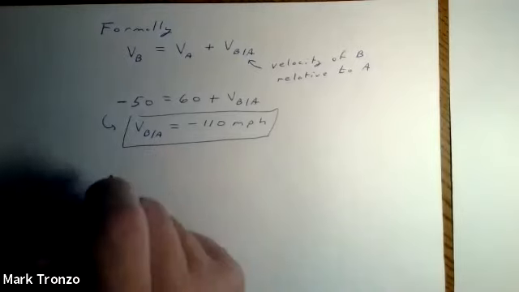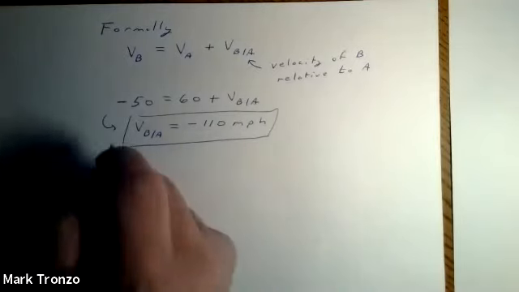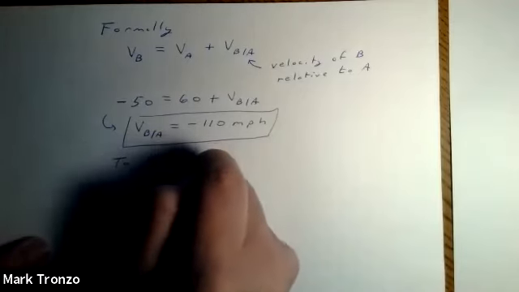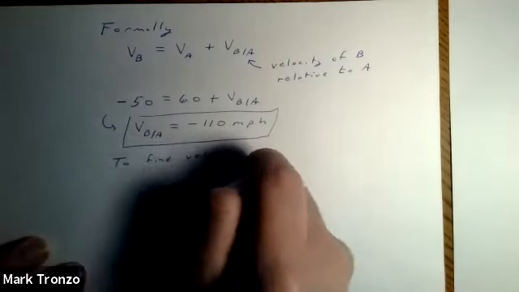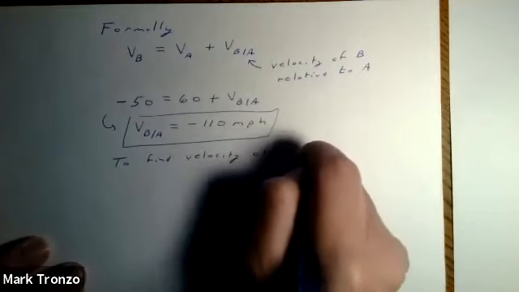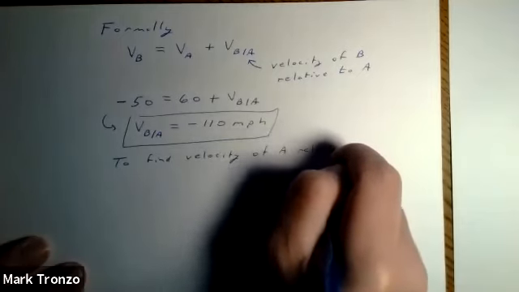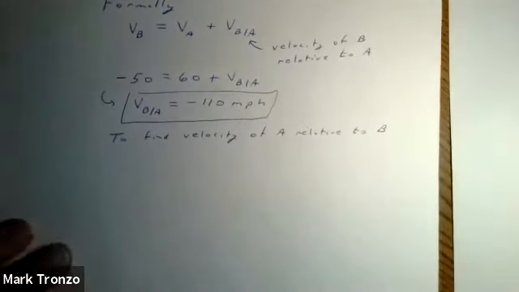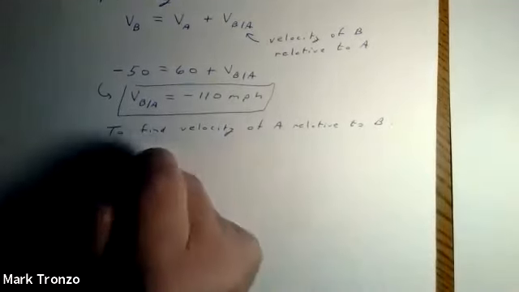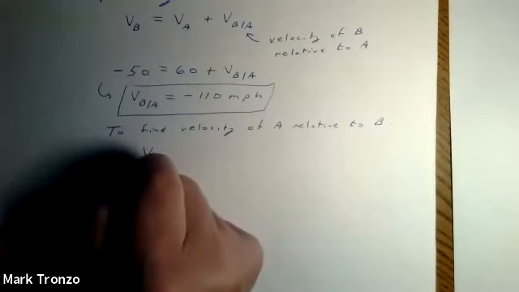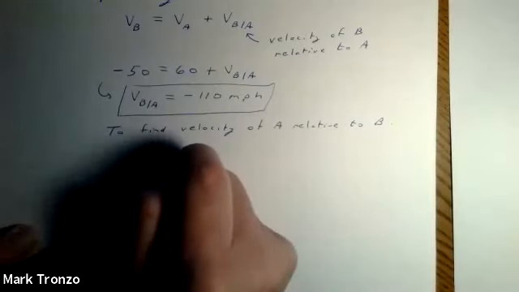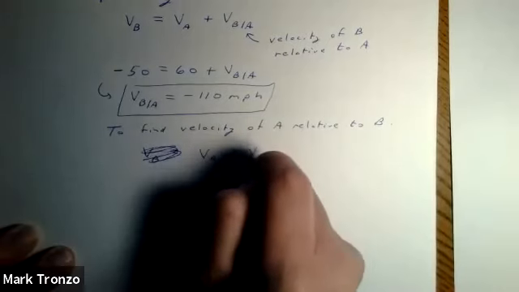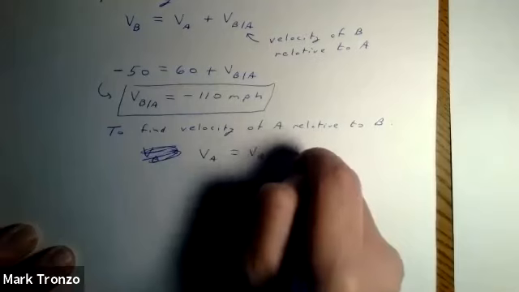Now, to find the velocity of A relative to B, we do it the other way around: VA equals VB plus VAB.